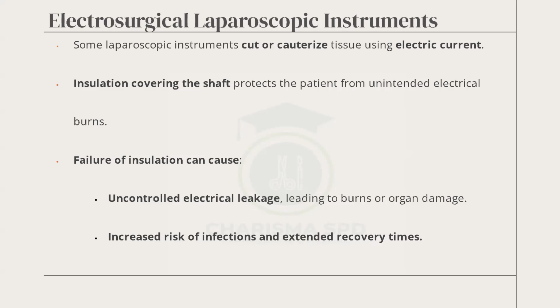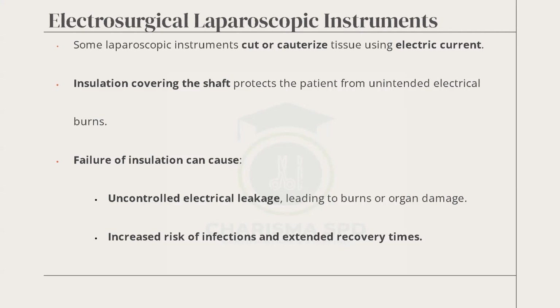You will see it as a pin. That pin is what is connected to the cord, and the cord will produce electrical energy into the instrument, and then the surgeon can work with it. Without it, it will not work.